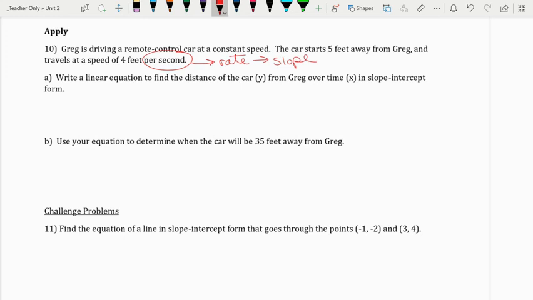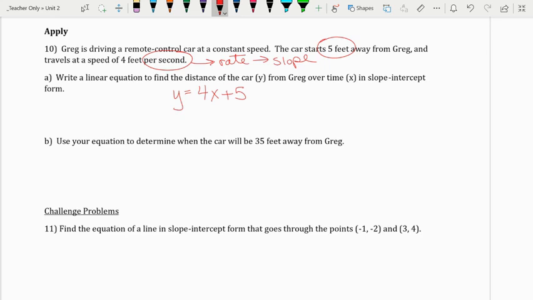Write a linear equation to find the distance of the car, y, from Greg over time, x, in slope-intercept form. So we know it's going to be y equals, and then our slope, which again, if you're talking about any kind of per second or per something, that's going to end up being your slope. And you start 5 feet away, so that would be your b.